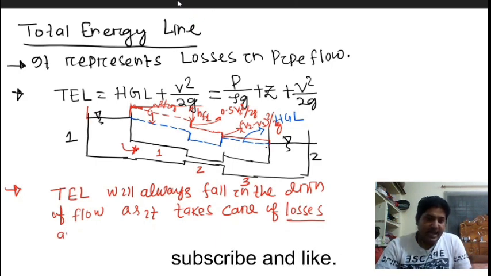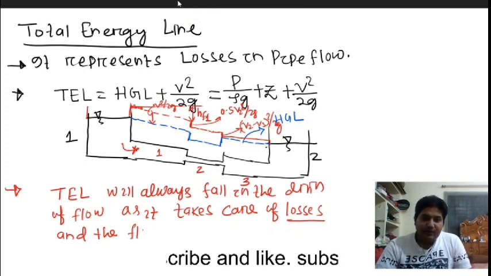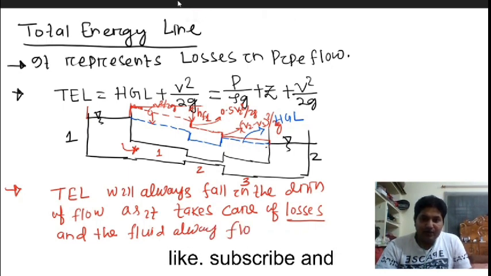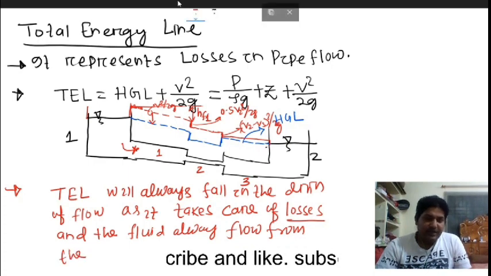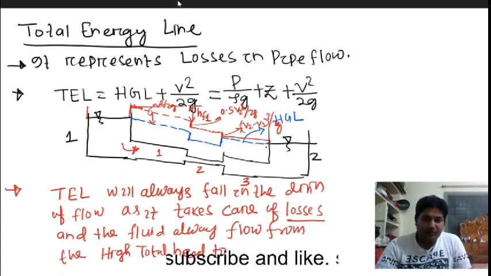It always takes care of losses, and we know the fluid always flows from the higher energy to lower energy, that is, from high total head to low total head.